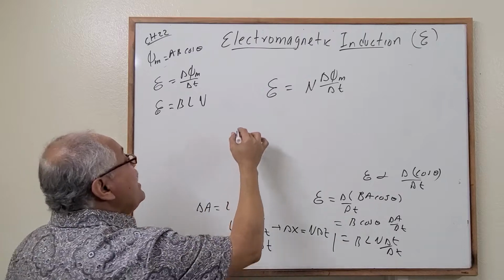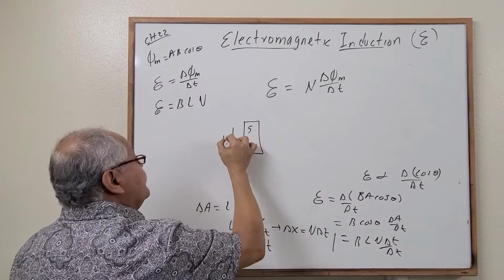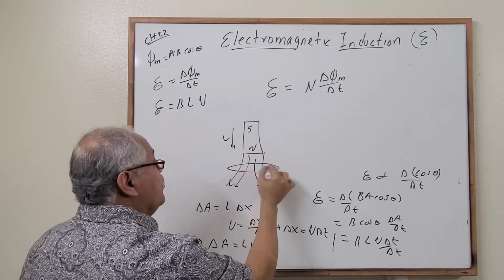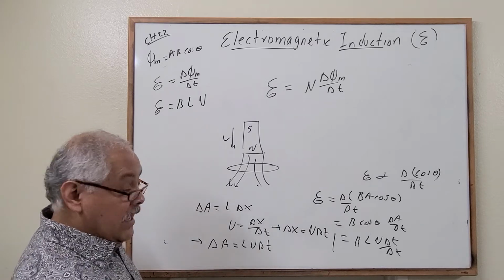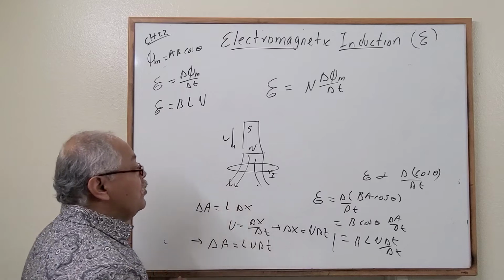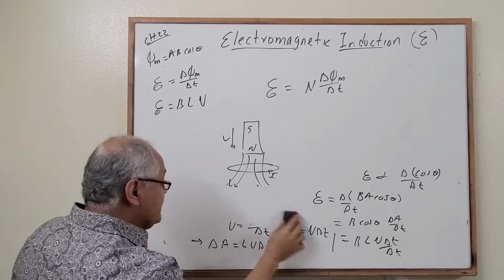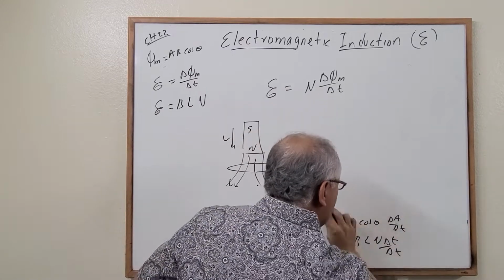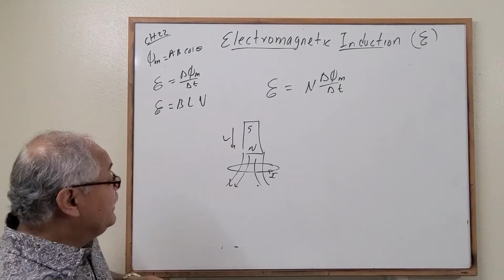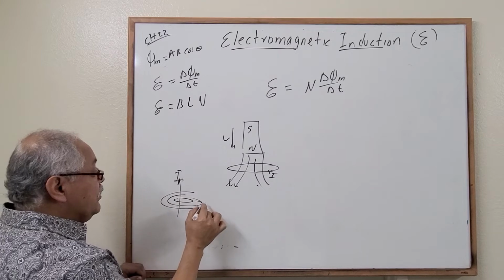But remember, when we have this magnet moving down with some velocity, we mentioned that if we have a loop, a conductor, a current is induced, and the current goes in this direction. Why doesn't it go in the other direction? Well, remember, every time we have current in a wire, a magnetic field is produced.